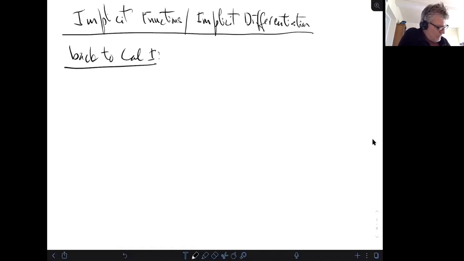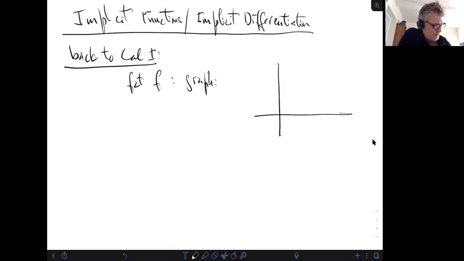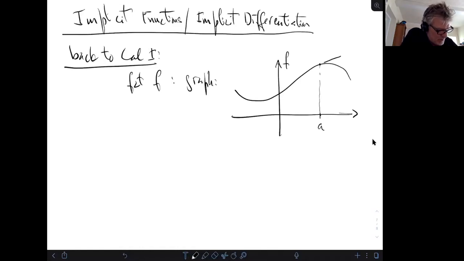So let's say that we have a function f, and we look at its graph. So it looks, let's say, something like that. This is the graph of f, okay? And we're given a point, let's say a value of a, and I'm interested in the slope of the tangent.